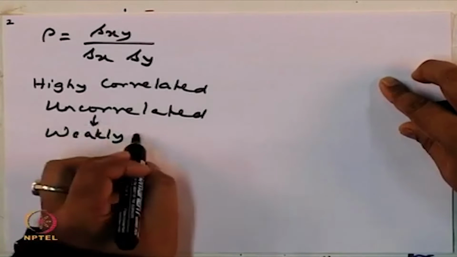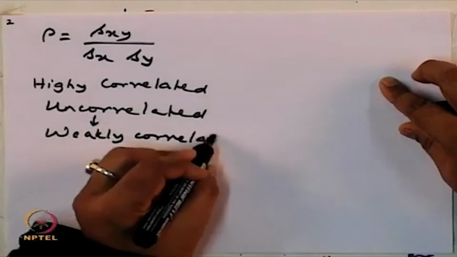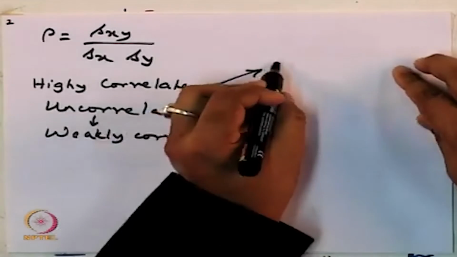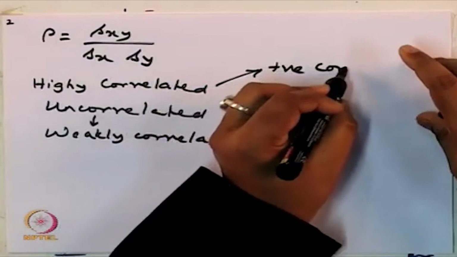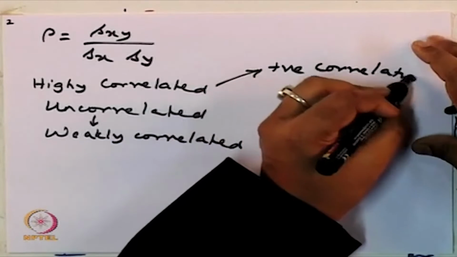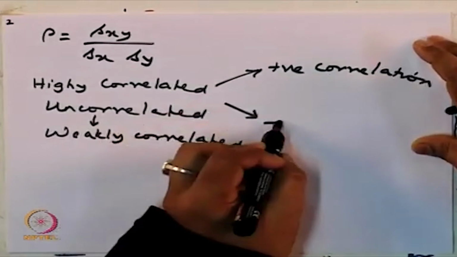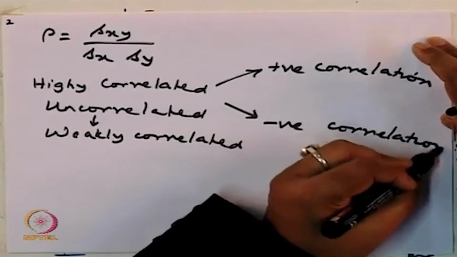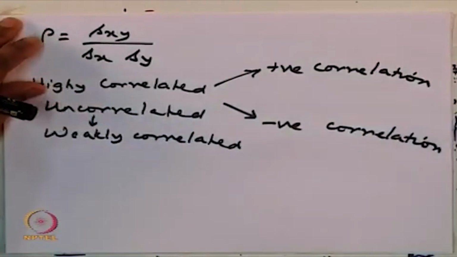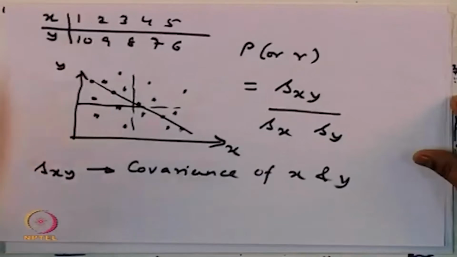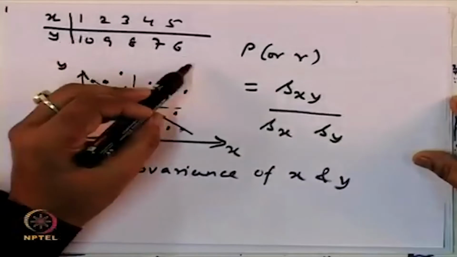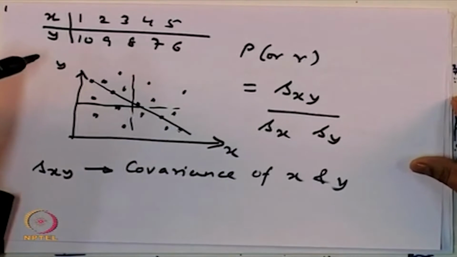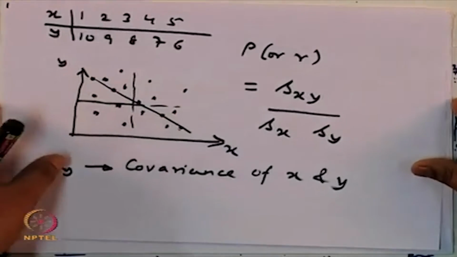And within highly correlated you can have positive correlation or negative correlation. So, in the example we showed in the first slide, the original data set is an example of negative correlation where increase in x leads to decrease in y.